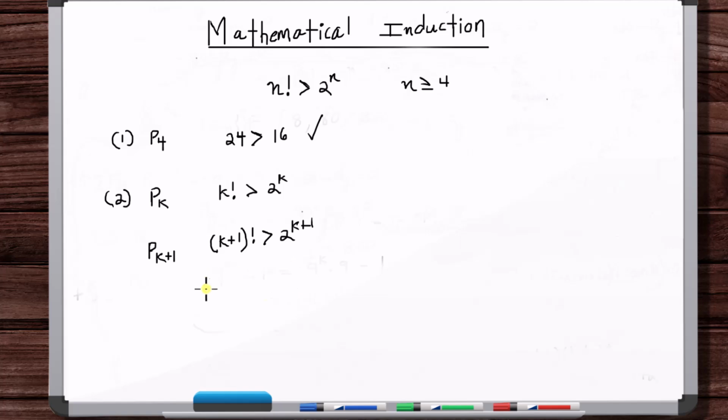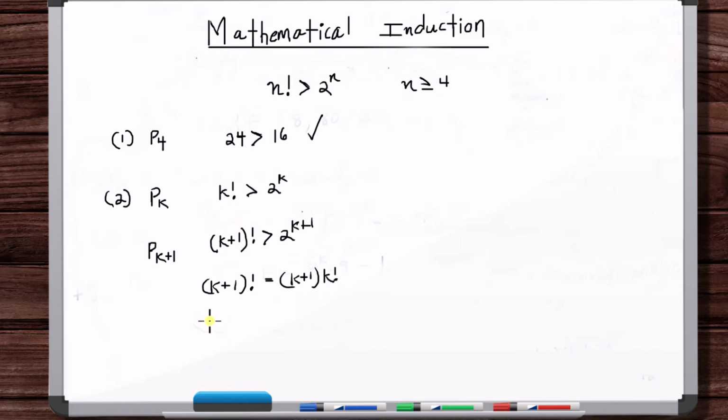The first thing you need to do is write out k plus 1 factorial. What is this equal to? It's equal to k plus 1 times k factorial, right? K factorial is always greater than 2 to the k.